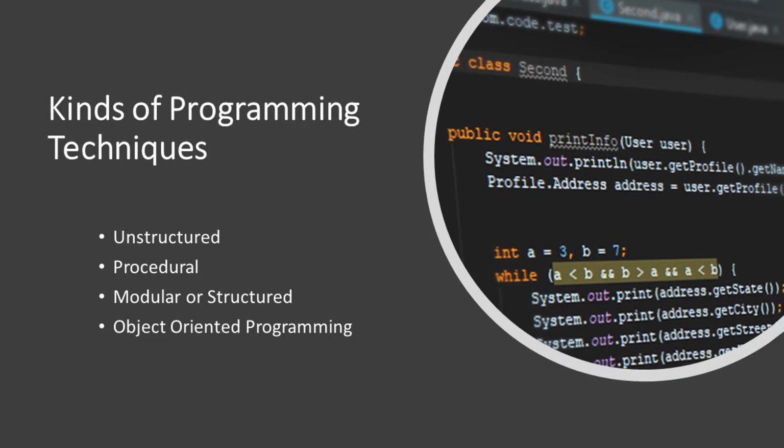The next one is modular or structured. In procedural programming, a single program is divided into smaller pieces called procedures to enable usage of general procedures or groups of procedures in other programs, so such procedures must be separately available. Modular programming allows the grouping of procedures into what are known as modules. With modular programming, procedures of common functionality are grouped together into separate modules.